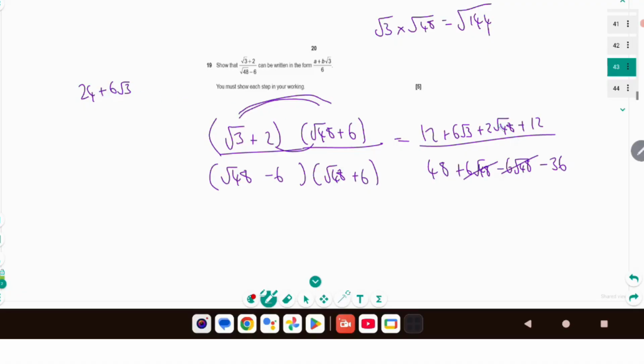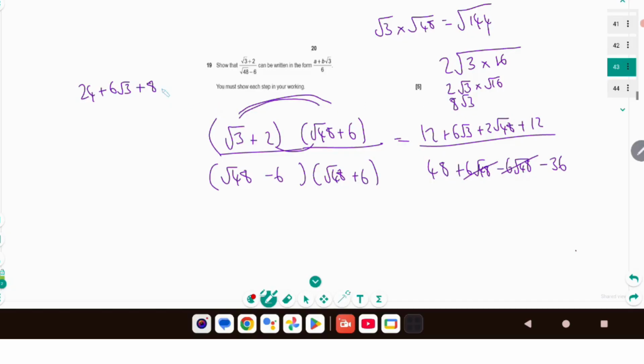I'm just going to simplify my root 48. So I need a square number that divides into it, 16. 48 divided by 16 is 3. So we can split it into root 3 times root 16. Root 16 is 4. 4 times 2 is 8, so 8 root 3.